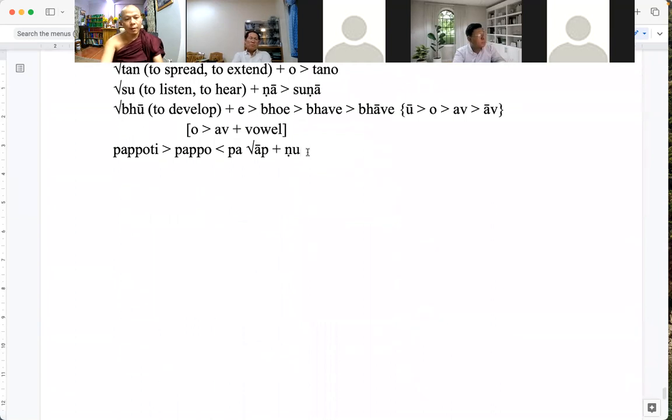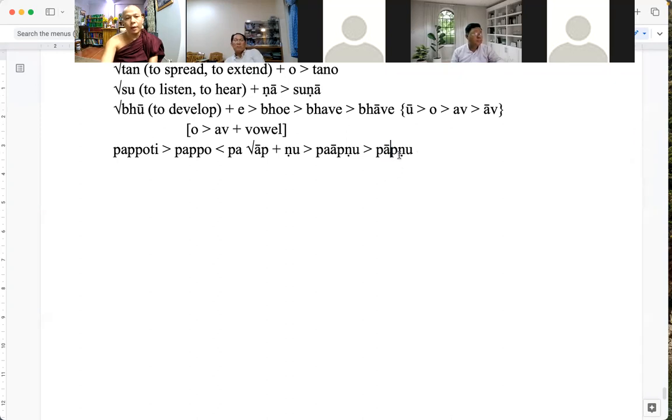So at that time, now, we have the pa and then ap and then nu in this way. So in a single word, two vowels together, commonly the former one is dropped. So that is the first stage. Pa panu. Pa panu. So, and then here, pa and na.